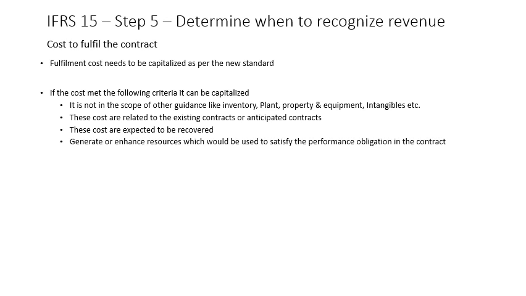These costs are related to the existing contract or anticipated contracts. The costs are expected to be recovered. These costs generate or enhance resources which would be used to satisfy the performance obligation in the contract. If all these four criteria are fulfilled, then the cost will qualify as a fulfillment cost and will be capitalized in the balance sheet.